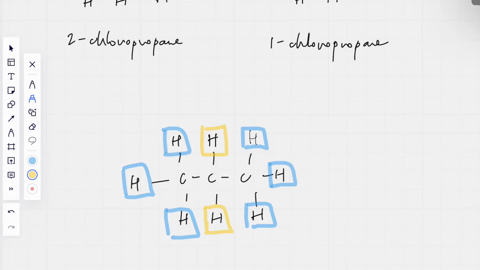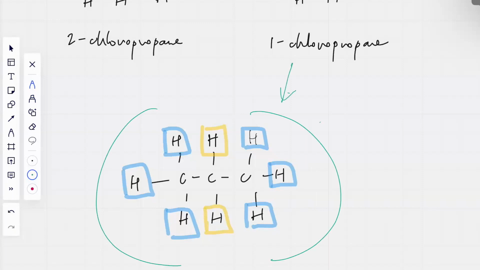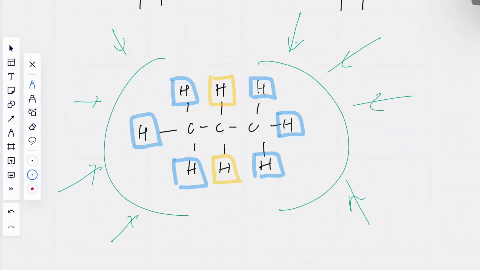Reason? Very simple. Because these are at the end here, this chlorine is more spread out, so you have more angle of attack. If you attack from anywhere here, then you react with the blue hydrogen.